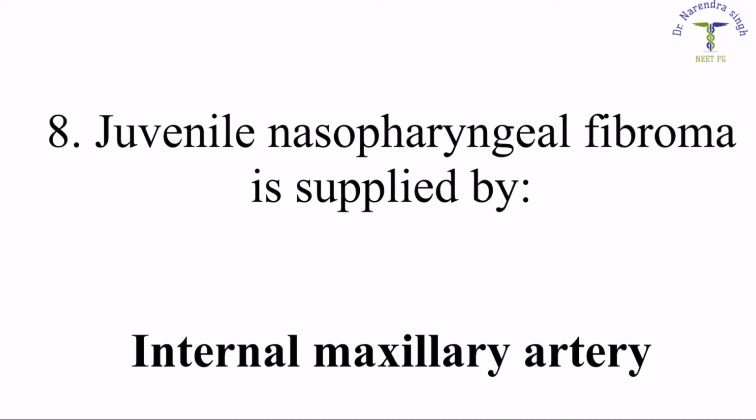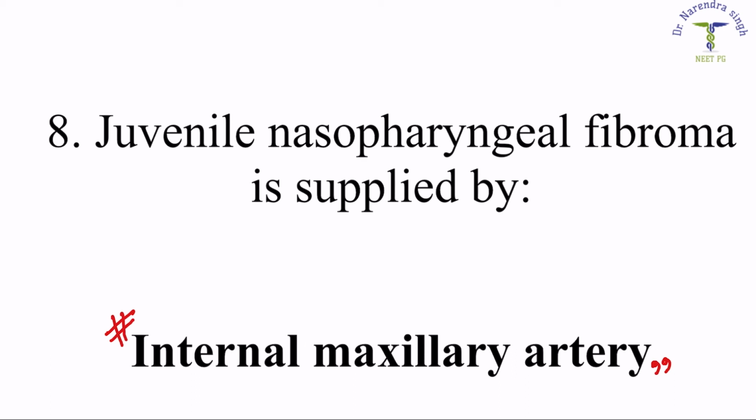Question number 8 says juvenile nasopharyngeal fibroma is supplied by. There are many blood supplies to the nasopharyngeal fibroma, but the most important one is the internal maxillary artery, which supplies it from the back.